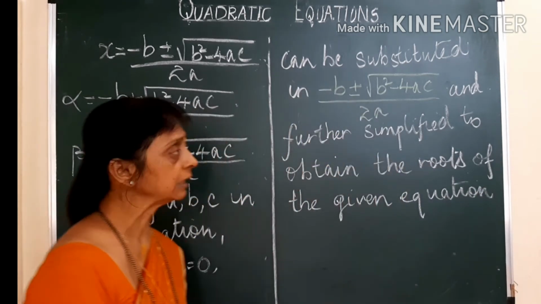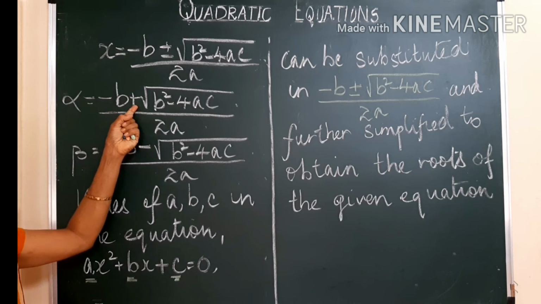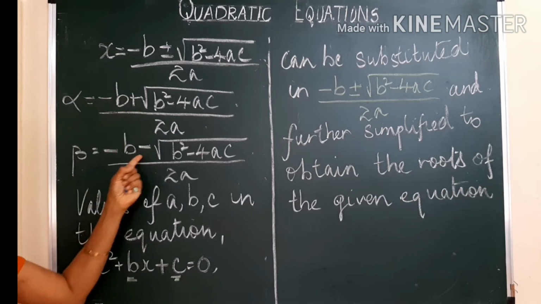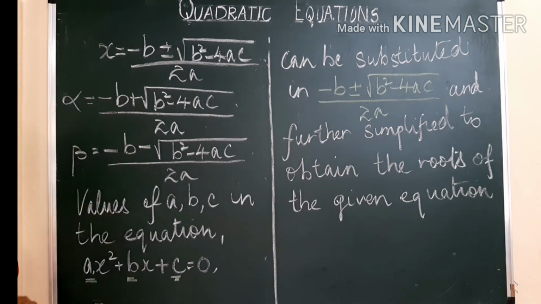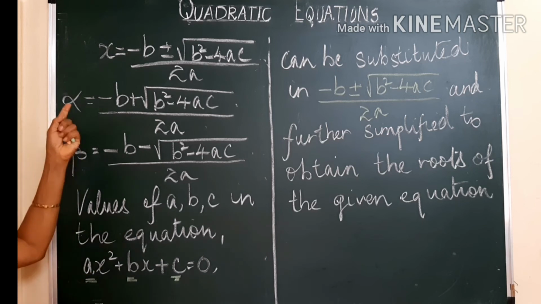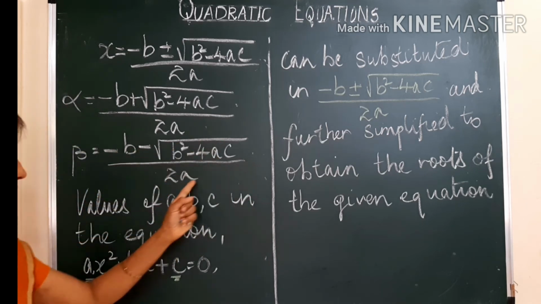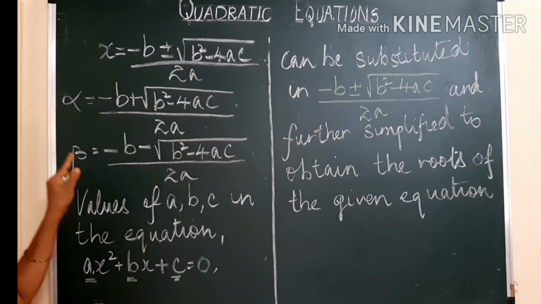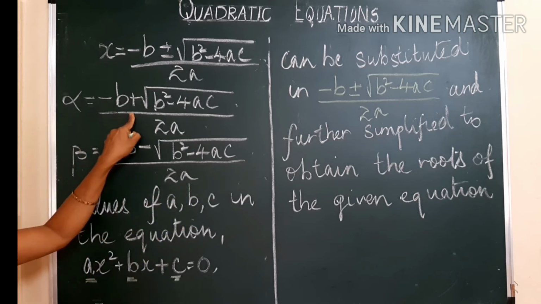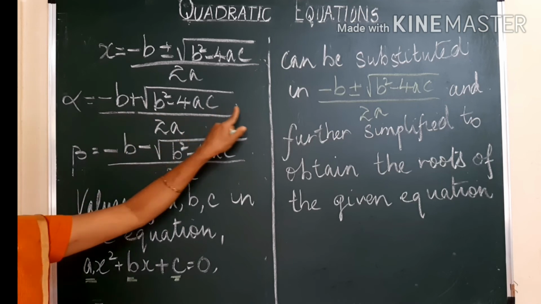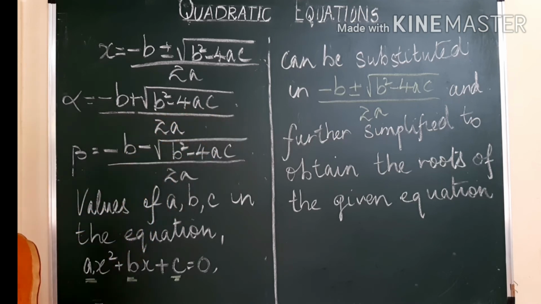Now children, here you have taken alpha as the positive root, beta as the negative one in between. You can even interchange and have alpha as minus b minus root of b square minus 4ac upon 2a, and beta as minus b plus root of b square minus 4ac upon 2a.